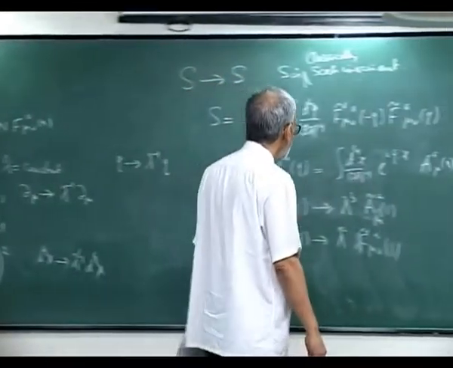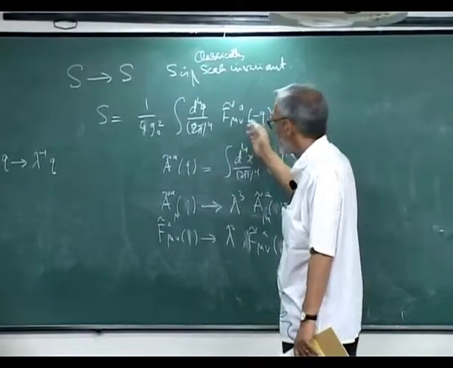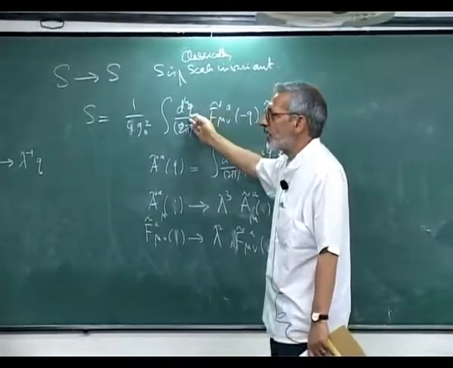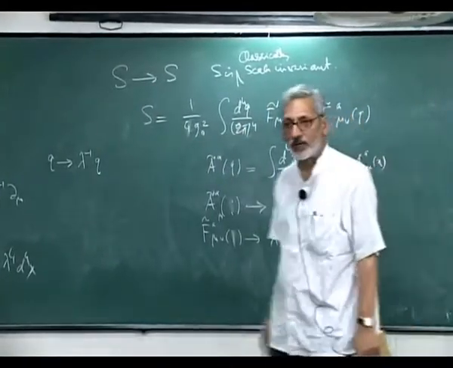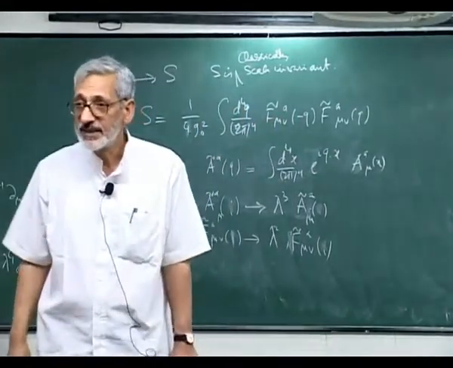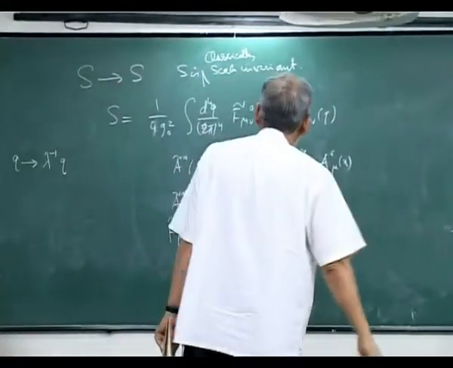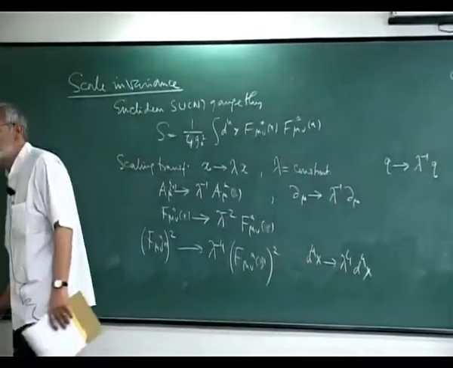So from here, this is lambda square, lambda to the 4, and q goes by lambda to the minus 1. So this is again scale invariant, whether you look at it from that point of view or from this point of view. So S is classically scale invariant. Now let's see what happens to quantum theory.